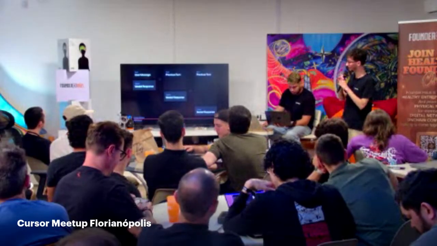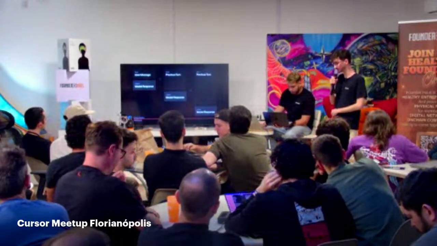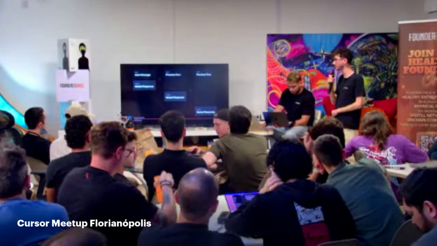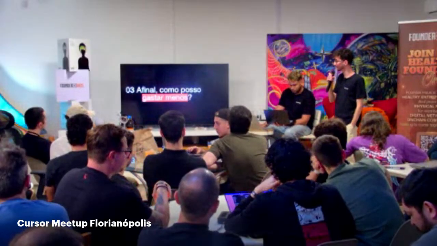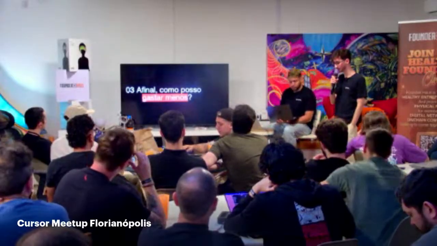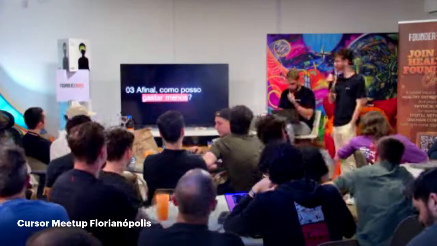So a really good tip is to manage the context in separate chats or separate agents. Just like Daniel, I think, said, use subagents, because each subagent has its own context window.